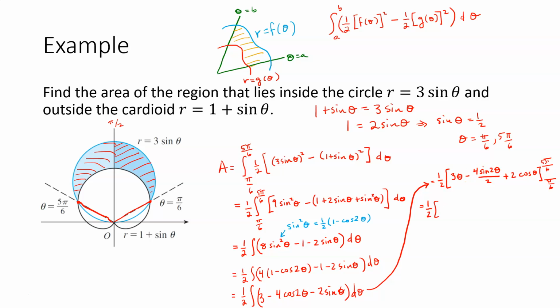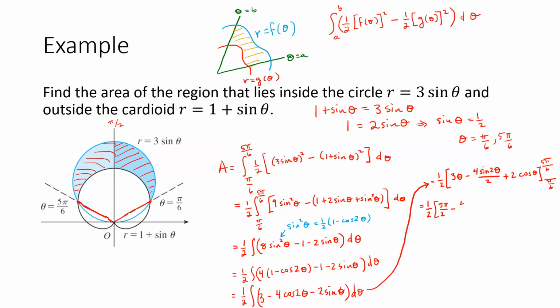So I got 3 times 5 pi over 6 becomes 5 pi over 2, because the 3 divides with the 6. And then sine of 2 times 5 pi over 6 would be 5 pi over 3.